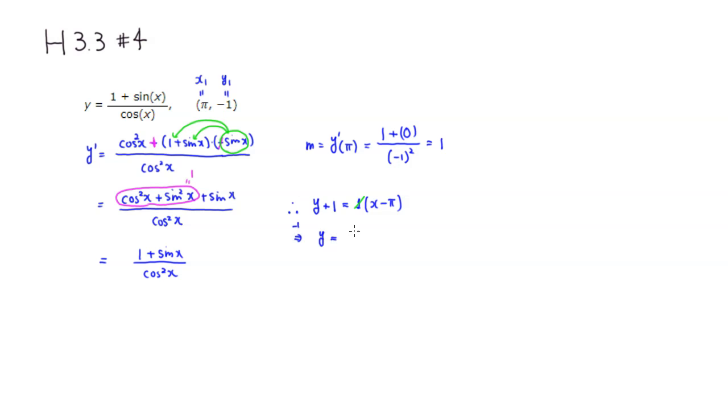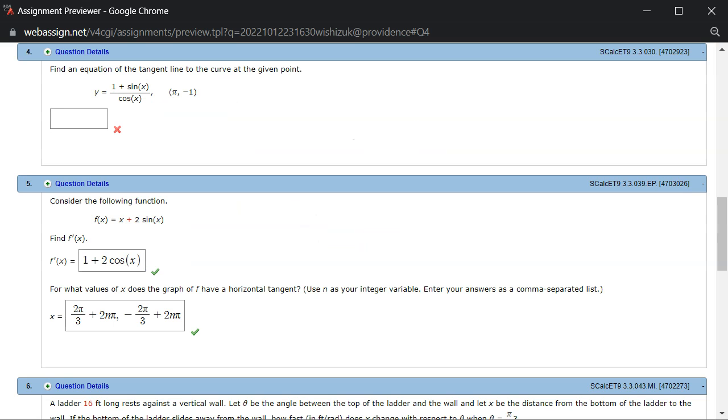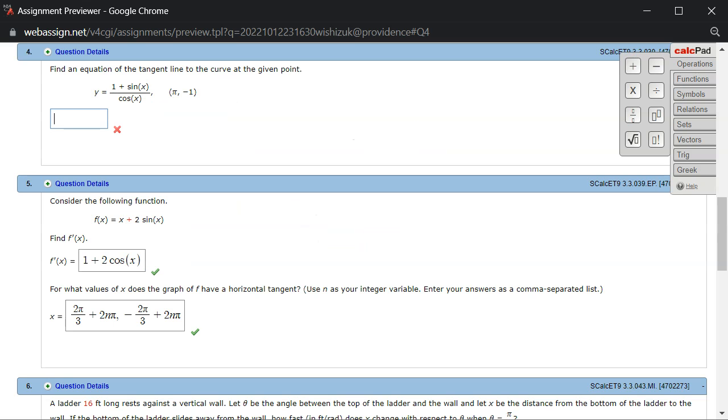So you have y equals x minus pi minus 1. Let's type it in. Actually, we could have written it in the other form. So y equals x minus pi minus 1.